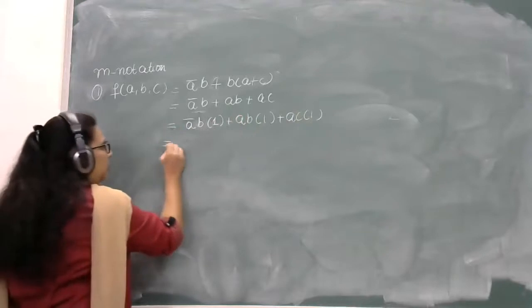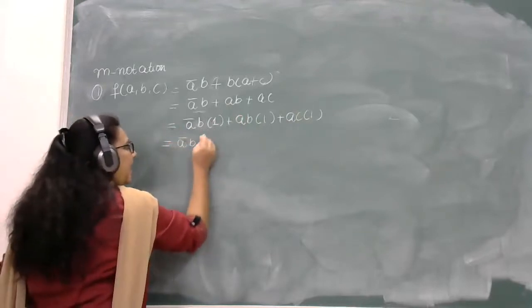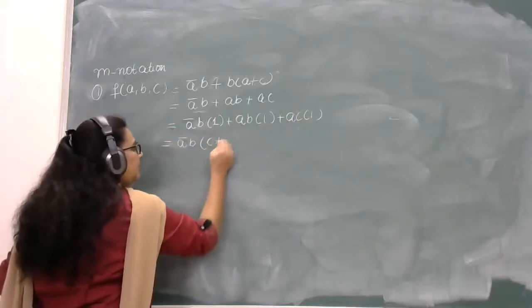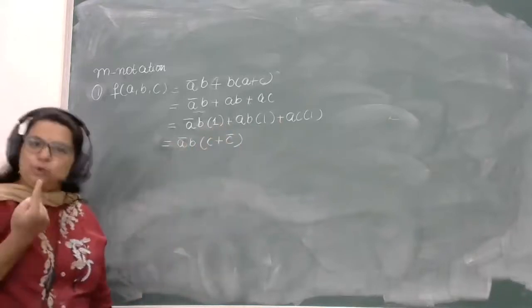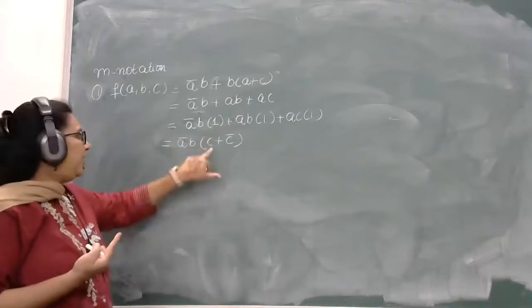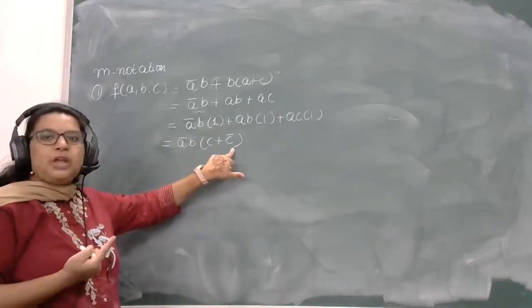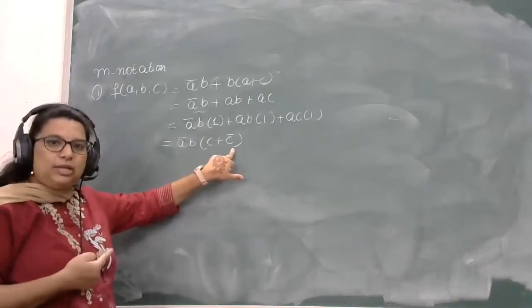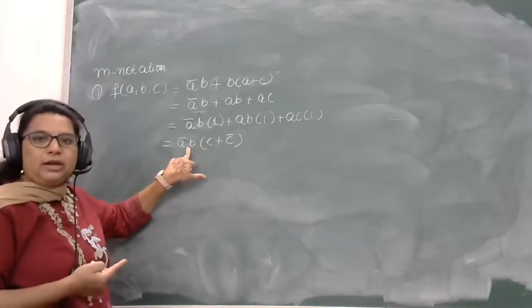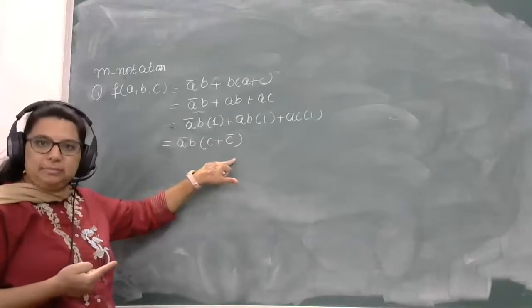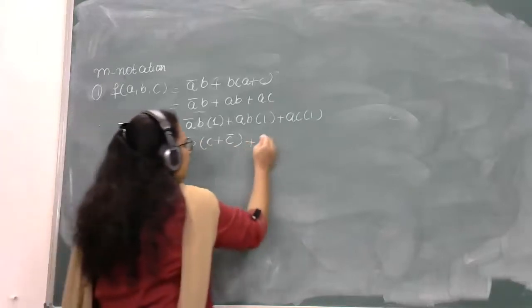Now I convert this identity element into C plus C bar. C plus C bar is equal to 1, correct? So 1 I have written in the form of C plus C bar. Why C only? Because that is the literal missing in this particular product term, right? So I'll write C plus C bar here.